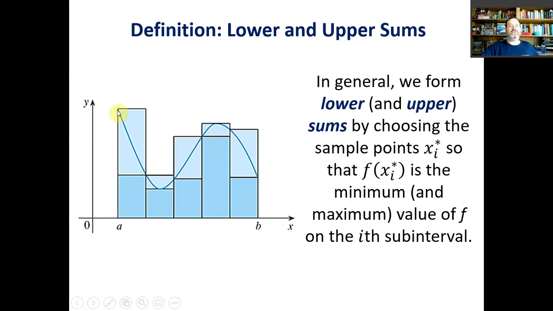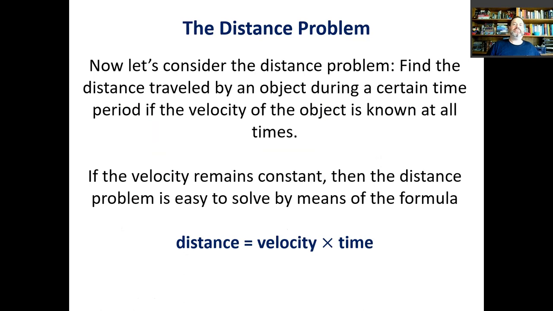So you pick one set of f of xi star that's the lowest point, and go through and pick another one that's the biggest point. And you build an error. The top part is the overestimate and the bottom part's the underestimate. So anything down here we know is correct, but these are sort of errors. And as you make more rectangles, that error goes away. That's the idea.